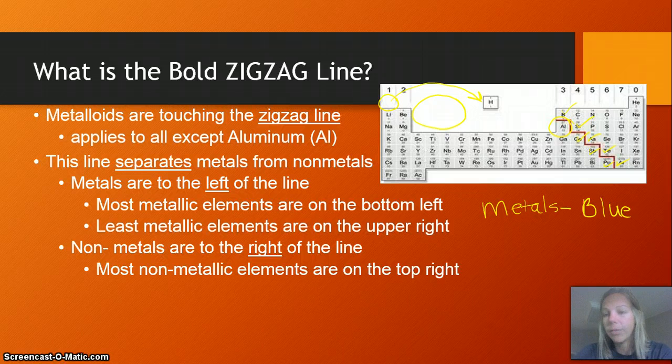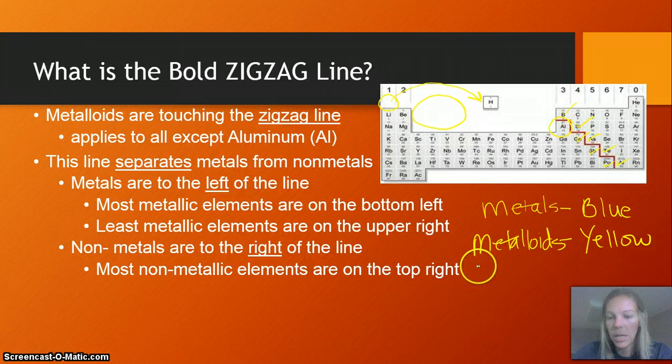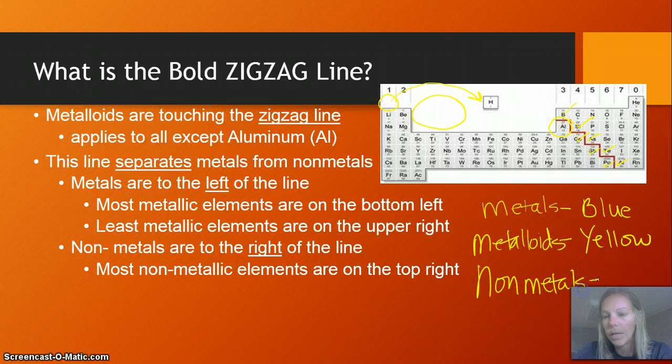Now, the ones that fall on the zigzag line that are metalloids, I would like you to color yellow. And lastly, I would like you to color all the non-metals, all the ones located to the right of the zigzag line. Great. Remember to pause this if you need more time.